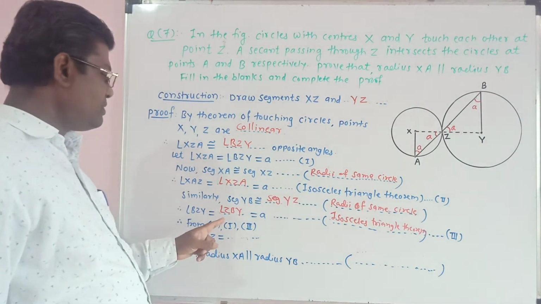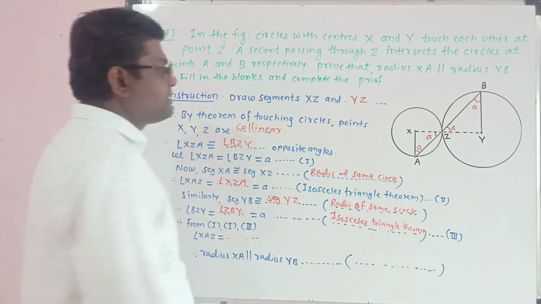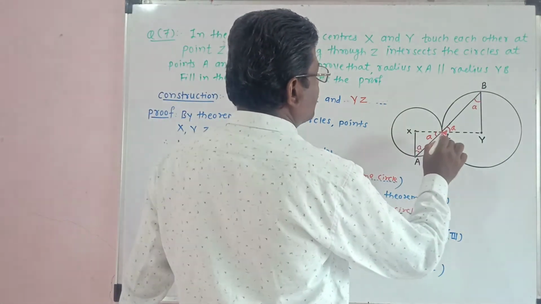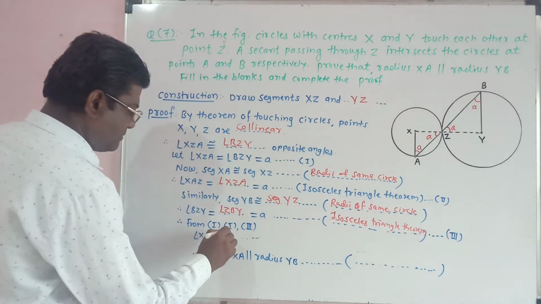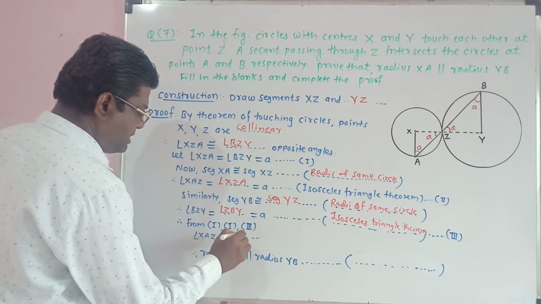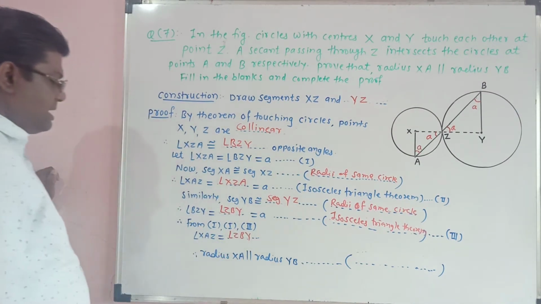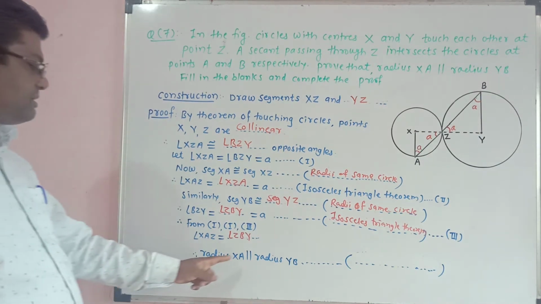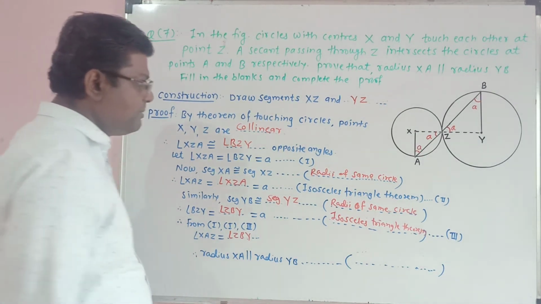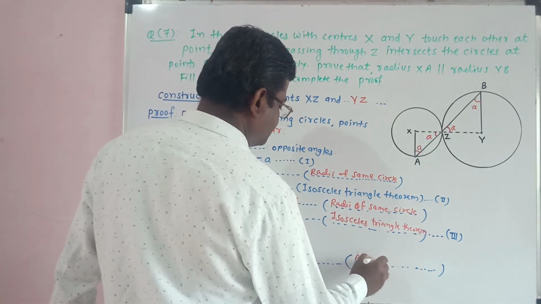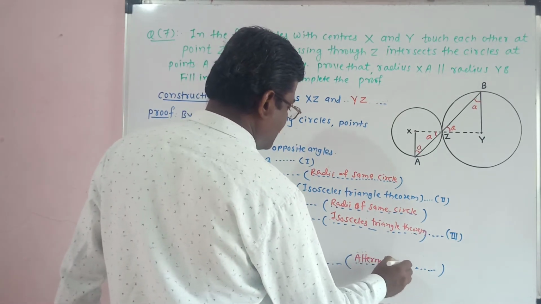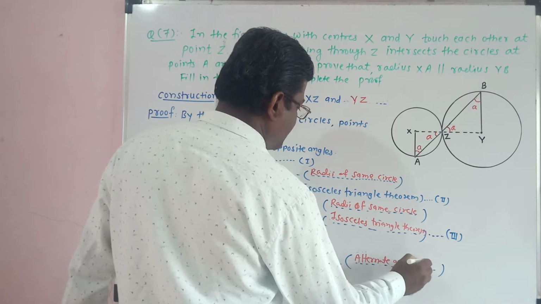From equations 1, 2 and 3, angle XAZ congruent angle ZBY, therefore radius XA parallel radius YB, alternate angles test.